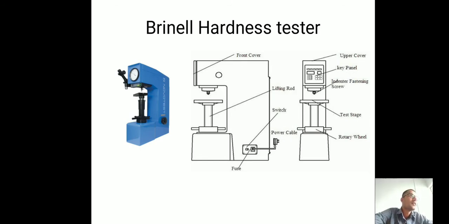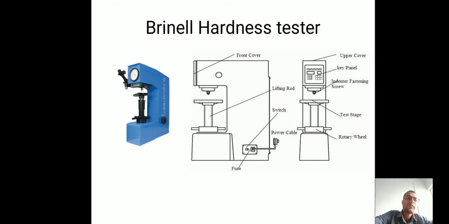Suppose take a steel material, any copper material, aluminum alloy, or copper alloy, suppose brass or bronze, whose hardness we have to measure. Simply with the help of this machine we can measure. So in front of us, the Brinell hardness tester is there.